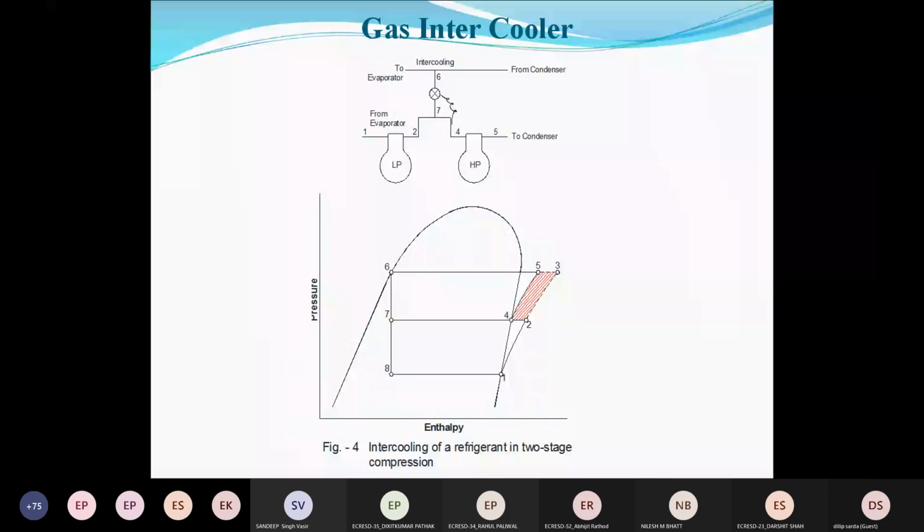You can see from the evaporator, the LP receiver, and the LP compressor, it has been compressed, and then there is an expansion valve injecting the liquid, and putting that gas and mixture of the liquid in the HP cylinder, and then it is discharged to the condenser. That has been shown here.